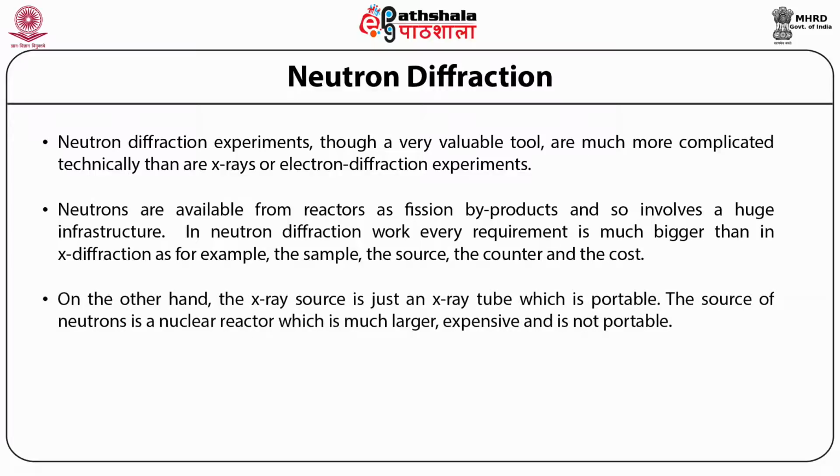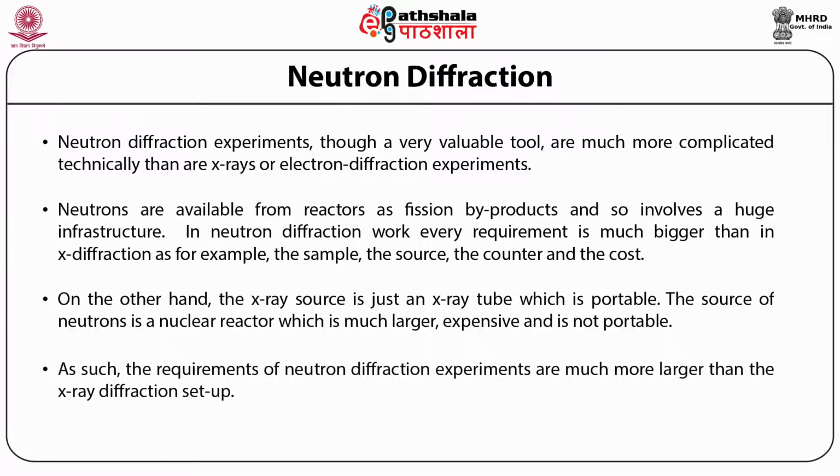On the other hand, the X-ray source is just an X-ray tube which is portable. The source of neutrons is a nuclear reactor which is much larger, expensive and not portable. As such, the requirements of neutron diffraction experiments are much larger than the X-ray diffraction setup.